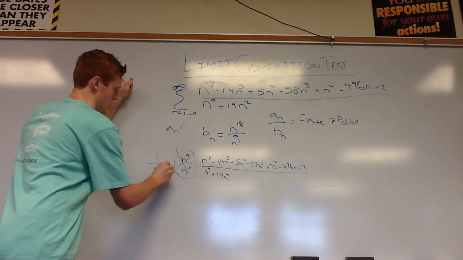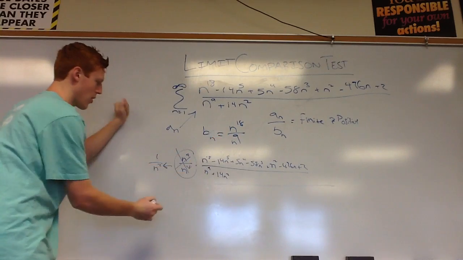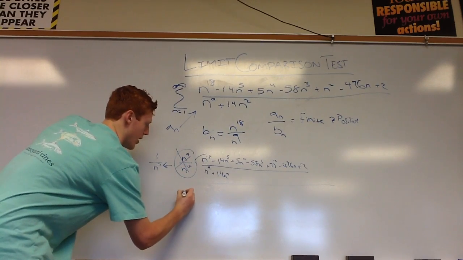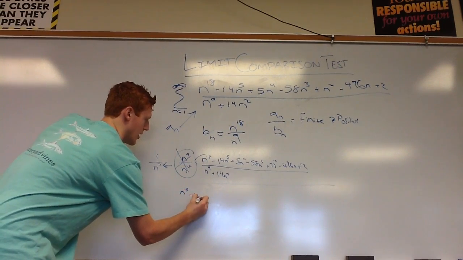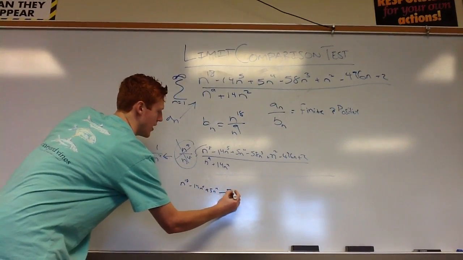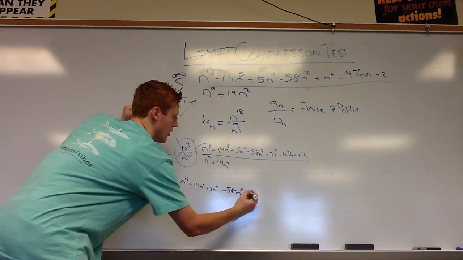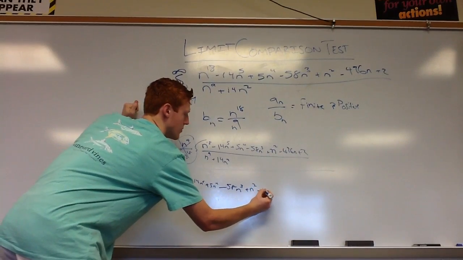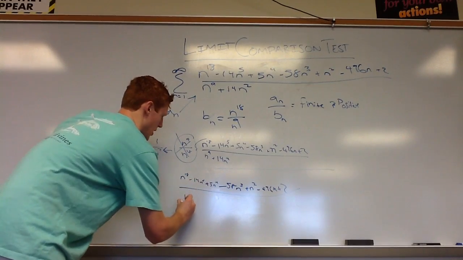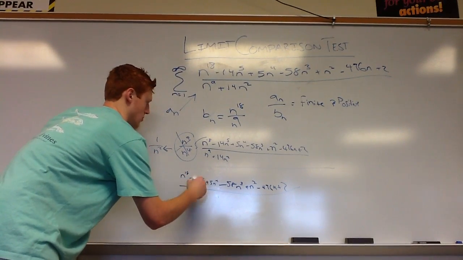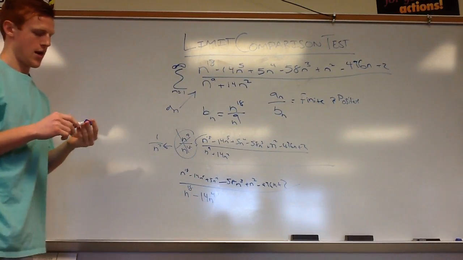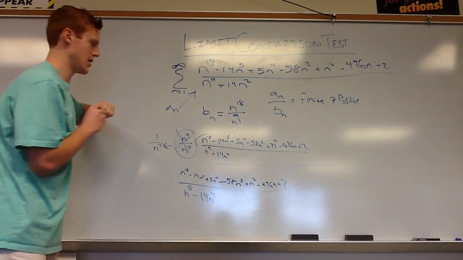So change that, multiply across, and you get this function: n to the 18th minus 14n to the 5th, plus 5n to the 4th, minus 58 n cubed plus n squared, minus 496 n plus 2, over n to the 18th plus 14n to the 4th. Now what you have here is you can do the nth term test.